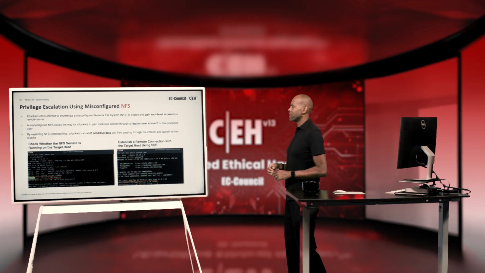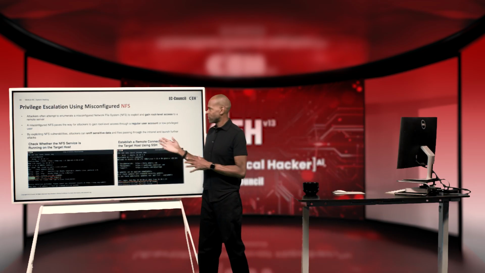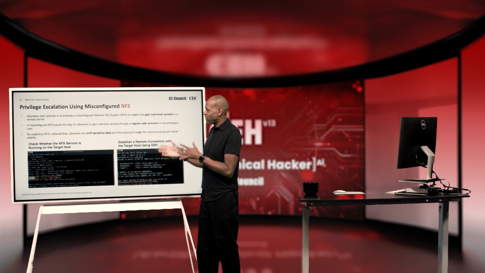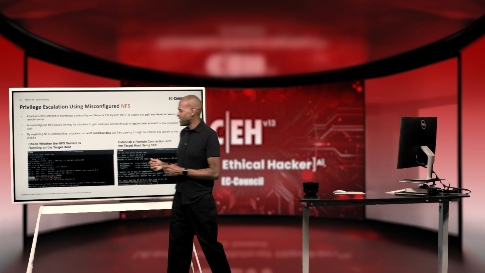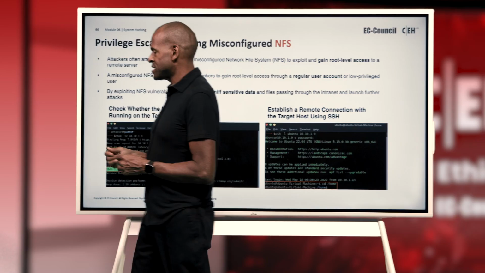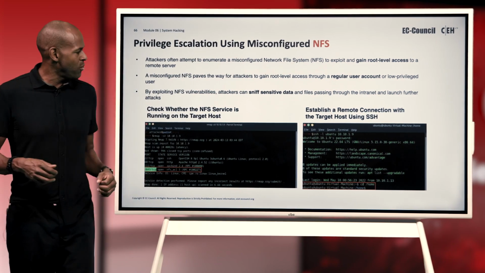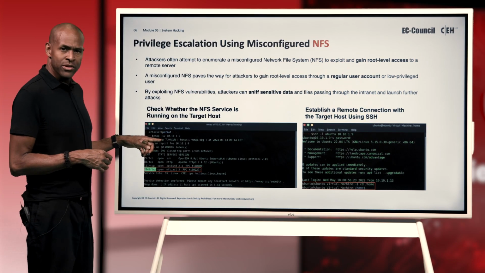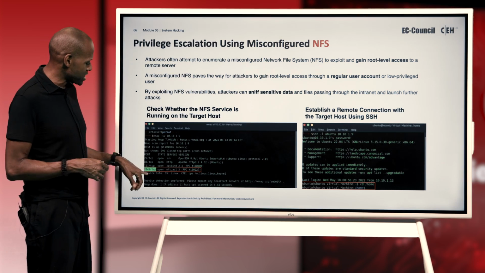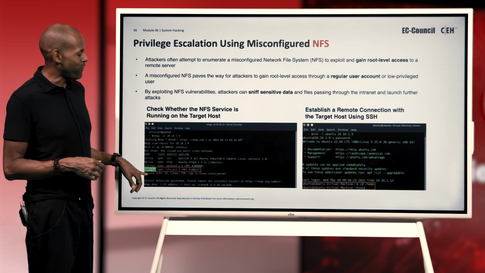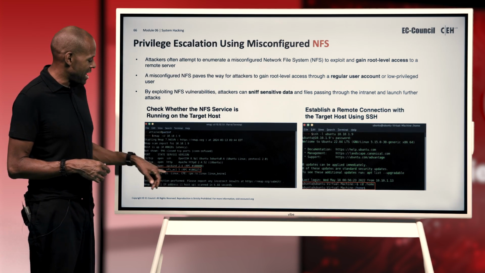So what we're doing here in this case is the first thing we want to do is find out if NFS is running on the system. And over here on the left-hand side, what you'll see is I'm checking that out with a nice nmap command. And notice I'm doing -sV for service, and I'm finding what services are running. Sure enough, port 2049, I have NFS.